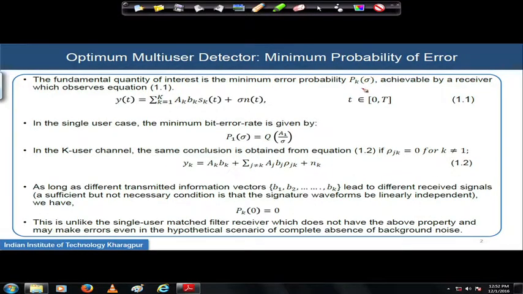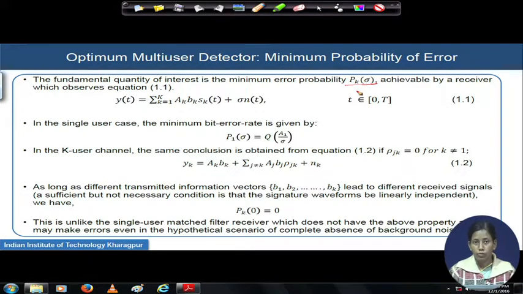In the optimum multi-user detector situation, we will define the error probability parameter as P_k(sigma), where k indicates the user over which we are carrying on. Whenever we compute the minimum error probability, it is associated with a typical user, so this k parameter varies from user to user.